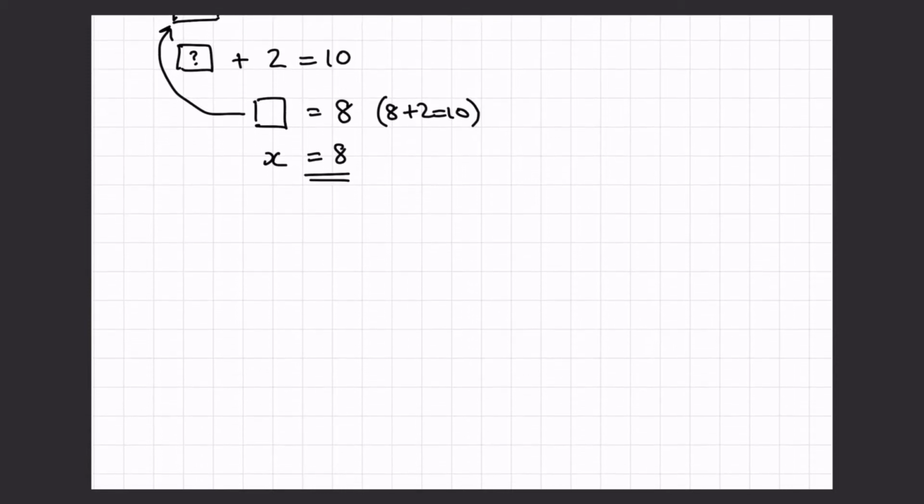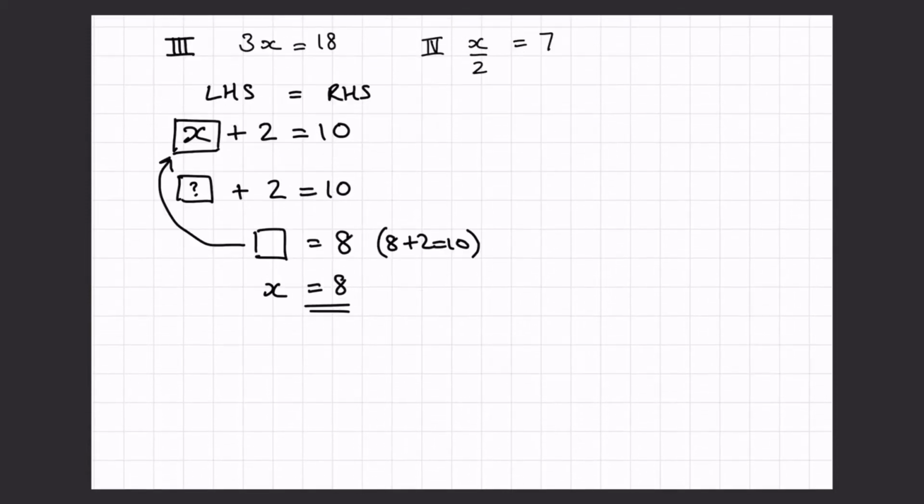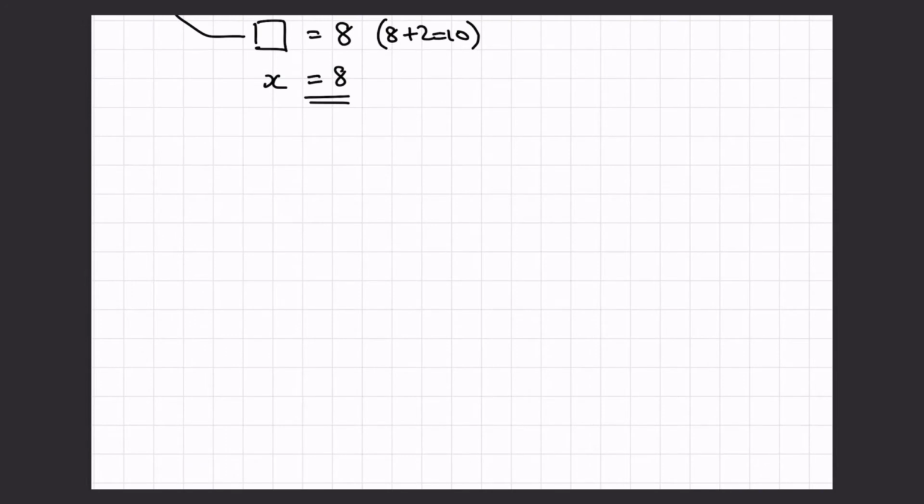If we, for example, had, let's just scroll down, x add 6 is equal to 15, what number such that if we add 6 to it is going to equal 15? Again, we put a box around our x, that's our unknown. What number must go in the box?